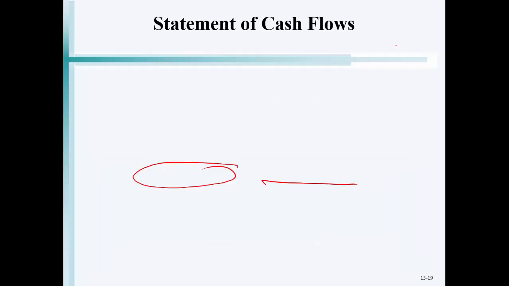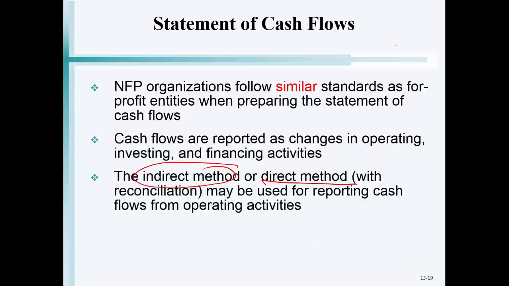All right, let's take a look at the statement of cash flows. It is very similar to the commercial version. Unlike government, where we had to deal with a fourth category that broke financing into capital or non-capital related financing, for the not-for-profit version we don't have to do that. We simply have operating, investing, and financing as our three categories.